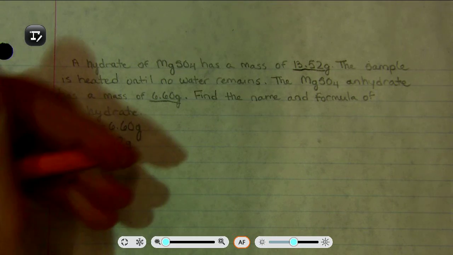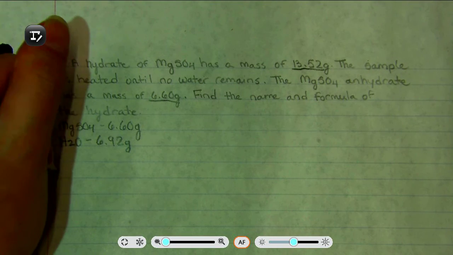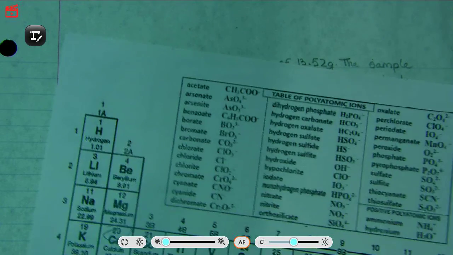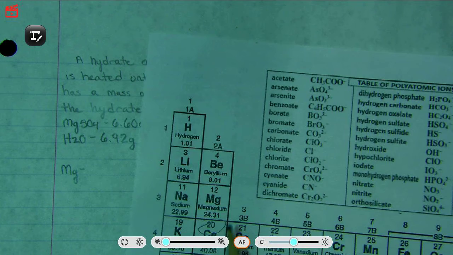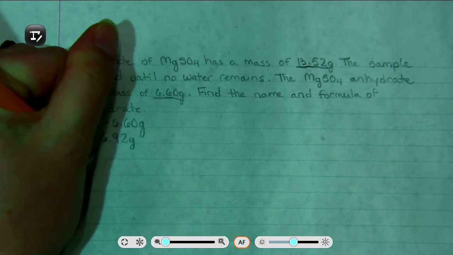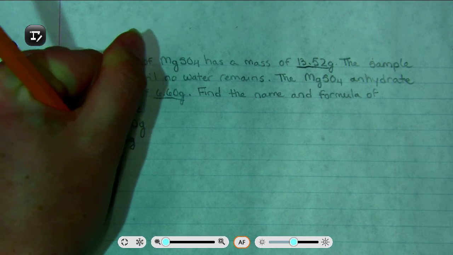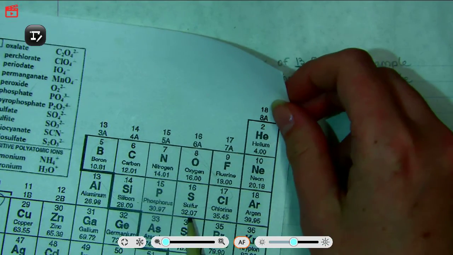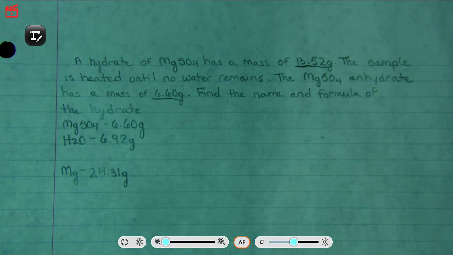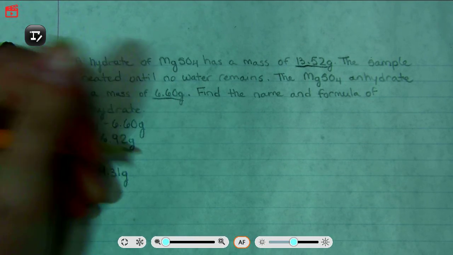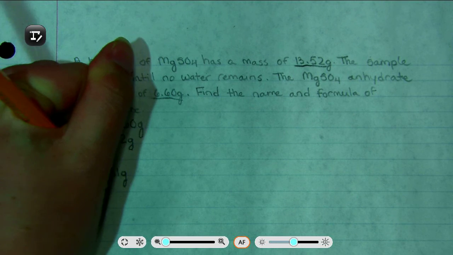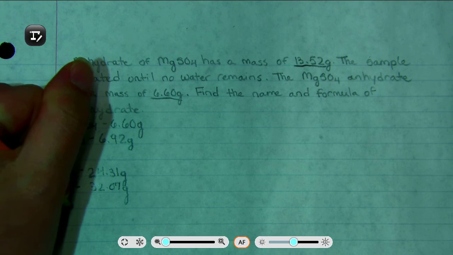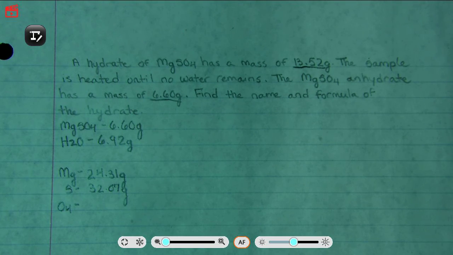So magnesium sulfate first. Magnesium on the periodic table has a mass of 24.31 grams per mole. Then we have sulfur, which is 32.07. And then we have 4 oxygens, which I believe is going to be 64.